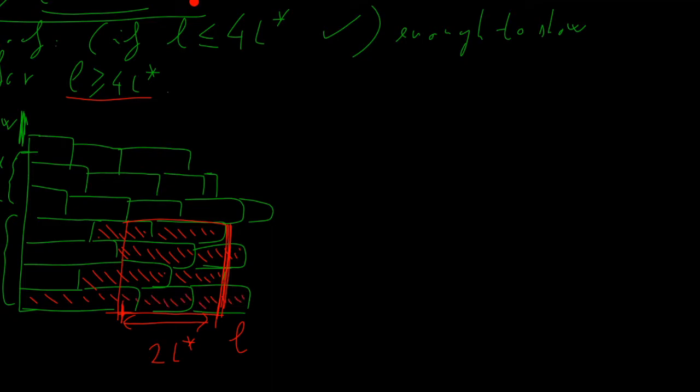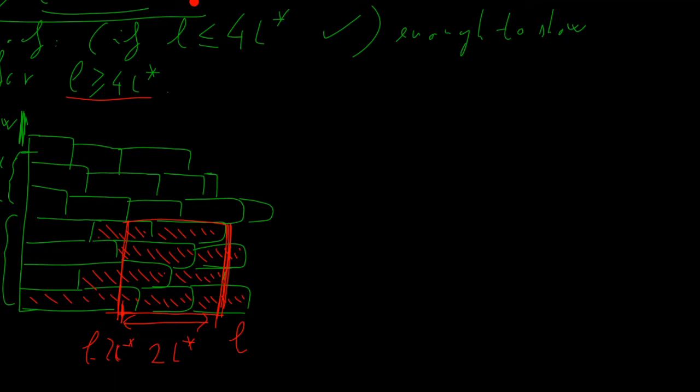Only for the fast machines, I'm just listing all the jobs which either start after 2L star and before L, or they are ending after 2L star and before L. Right. So all the jobs having a non-empty intersection with the rectangle I just indicated, so it's just L minus 2L star.